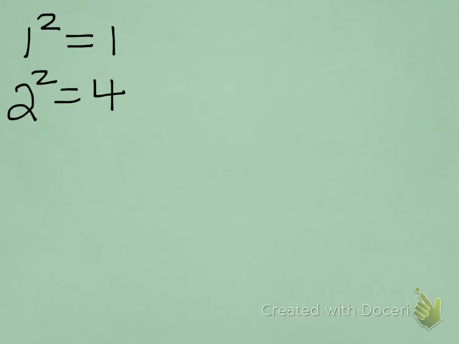Before I give you a couple more problems that are a little bit more challenging, I need to point out that you need to have memorized all of your perfect squares. So let's go through them and see if you have them memorized. 1 squared is 1. 2 squared is 4. 3 squared is 9. Now see if you can go all the way up to 12.